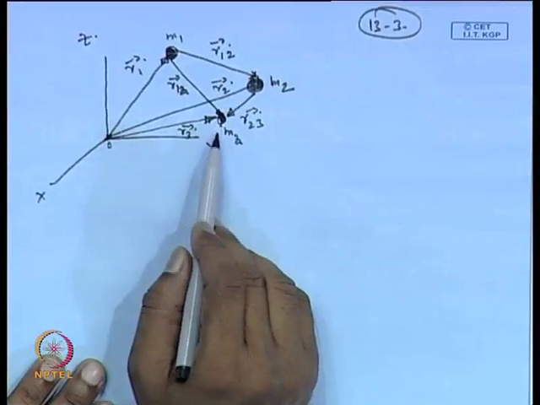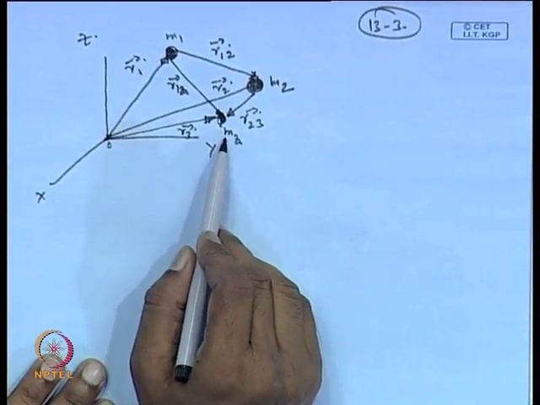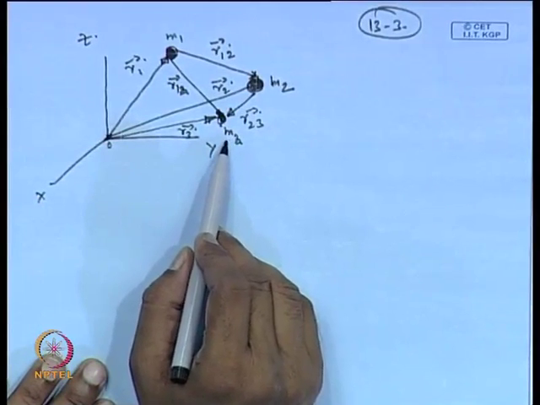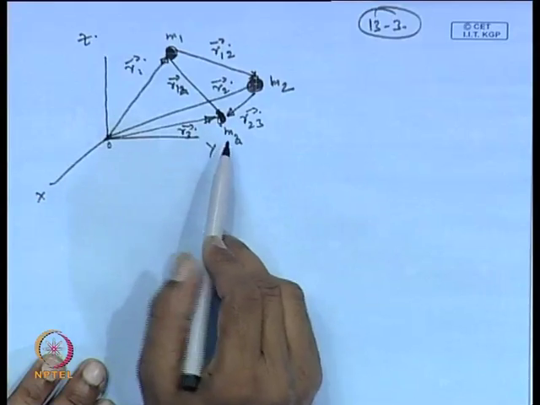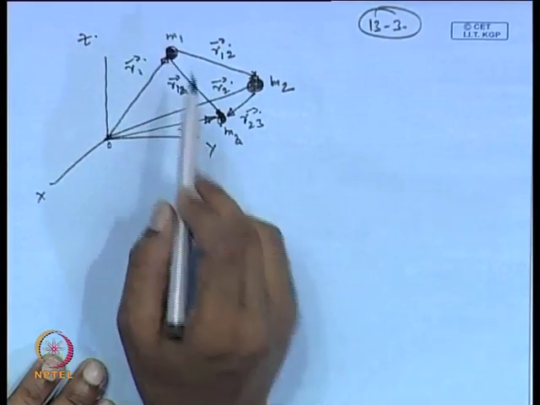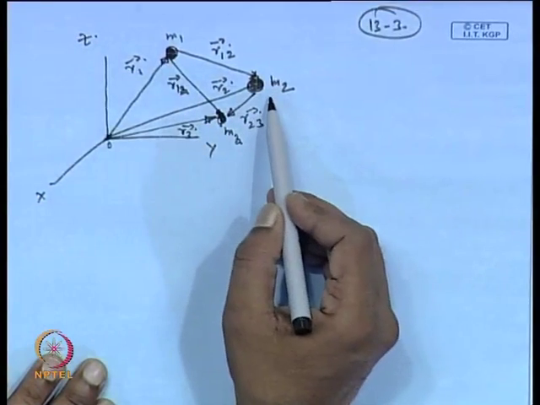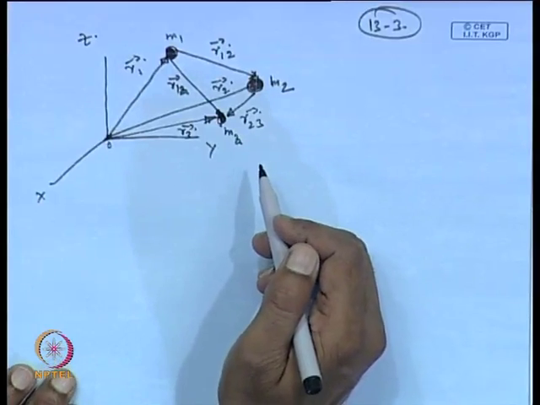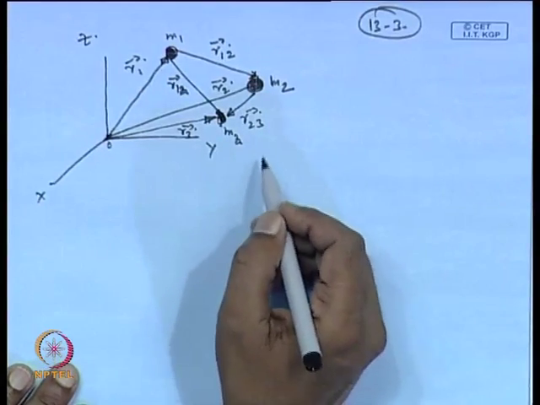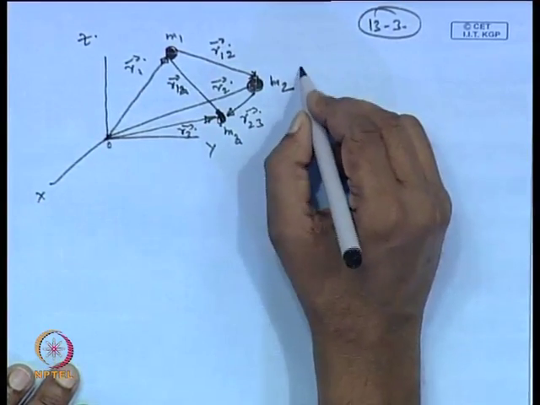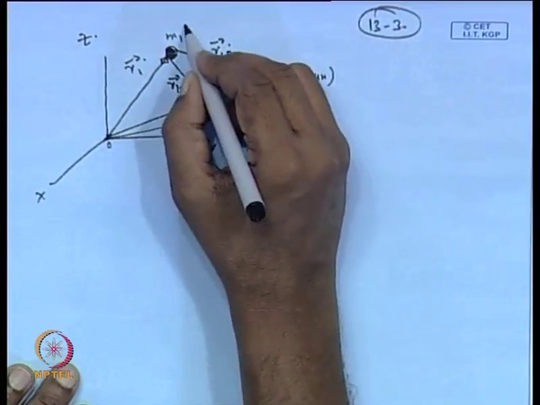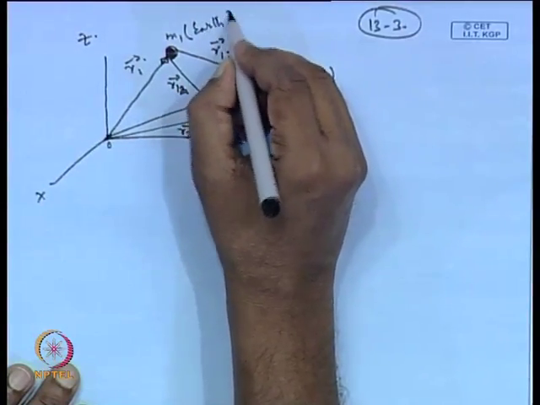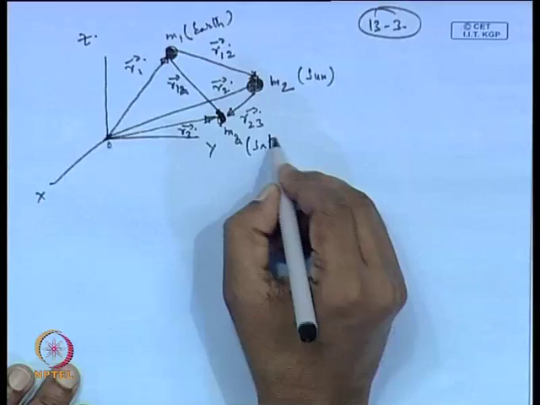We assume the mass m_3 to be a satellite, say, and m_1 in this case is the earth, and m_2 indicates the sun. So, for this kind of system, we can develop the equation of motion.